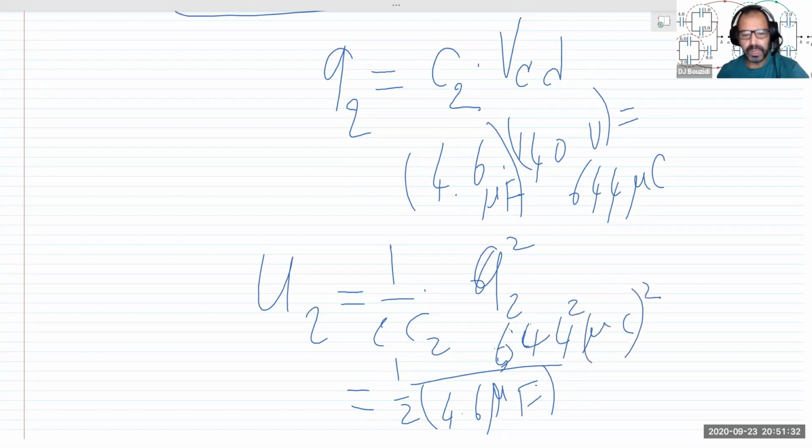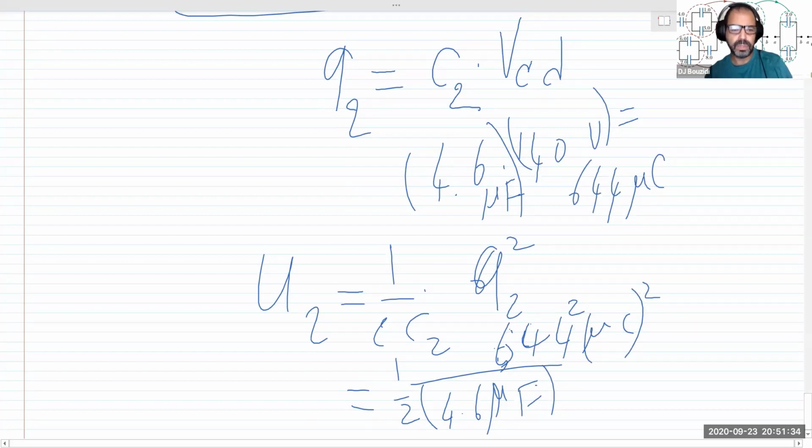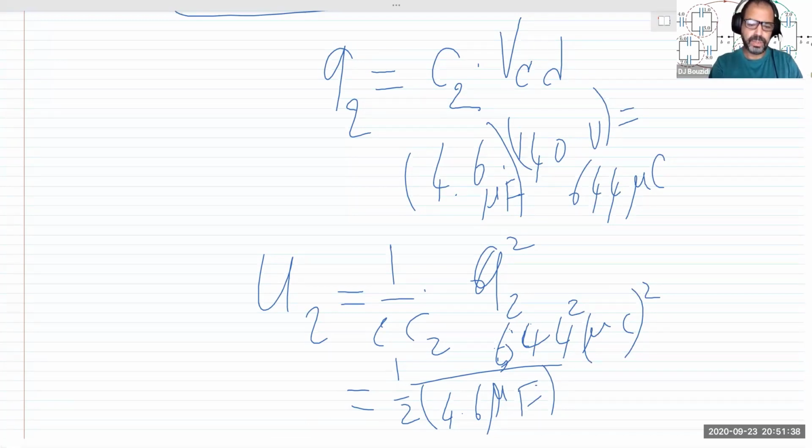Okay, so again, I'm going to plug in the numbers in here and see how that's going to look on my calculator. 644 squared divided by, open parentheses, 2 times 4.6, close the parentheses. I have 45,080 microjoules, or 0.045 joules.